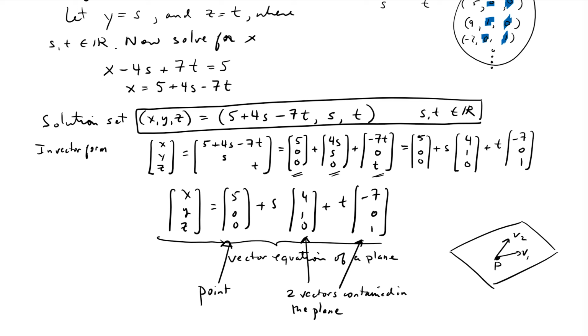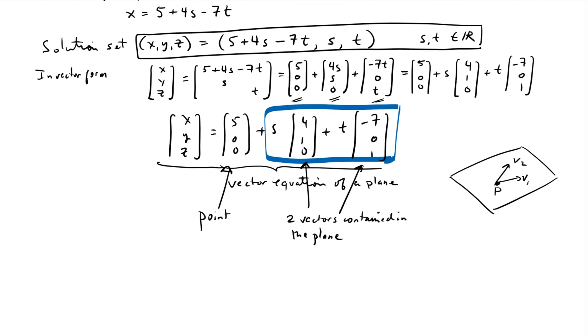This part here, the last two terms, form a linear combination of v1 and v2. So this is algebraically how you can write down the equation of your plane.